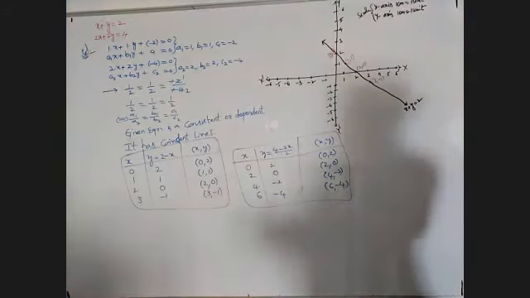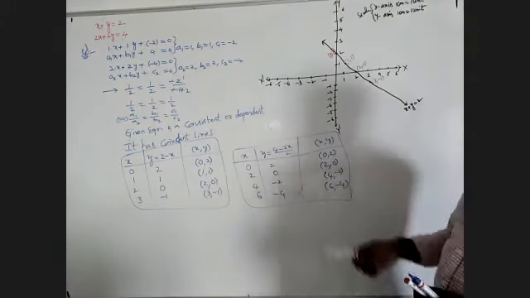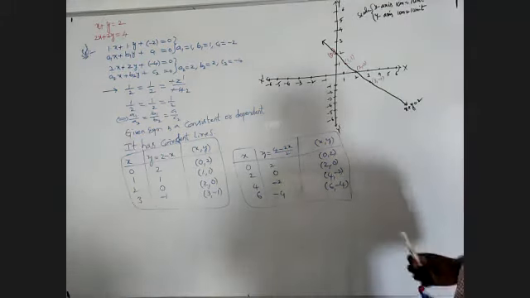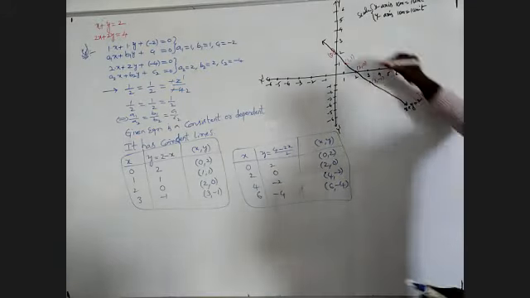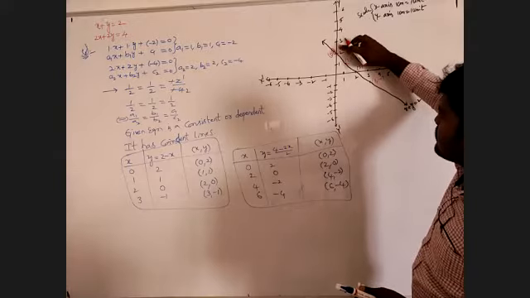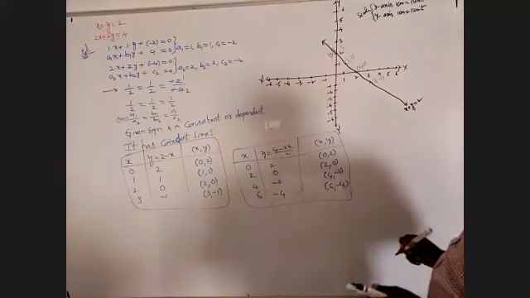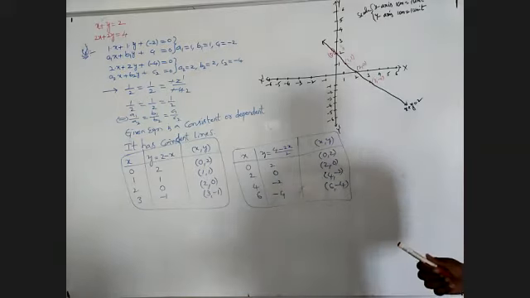After that I take the second line. The first point is 0, 2. Here the x coordinate is 0, which means it lies on the y-axis. This is 0, 2, already plotted. After that I have to take 2, 0. Here y is 0, which means it lies on the x-axis.